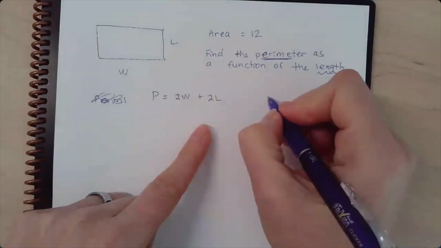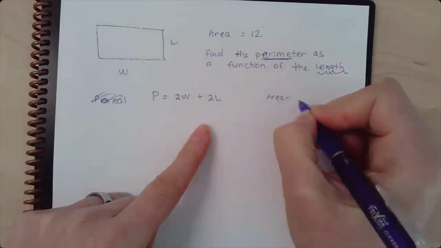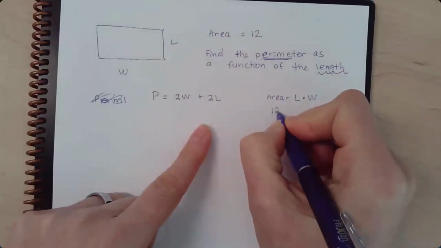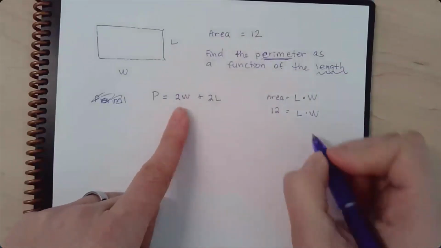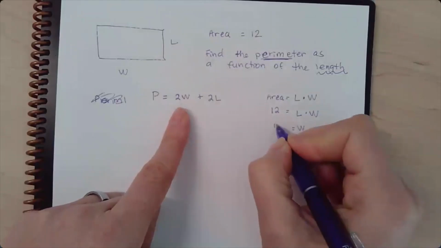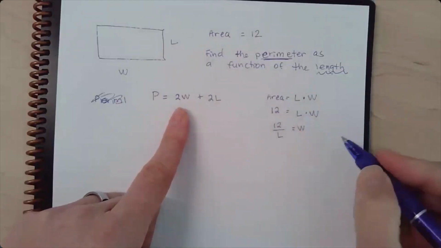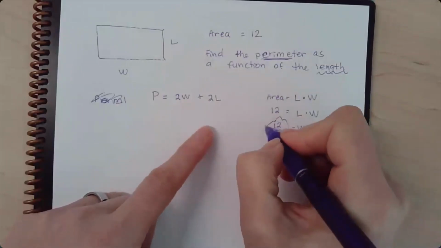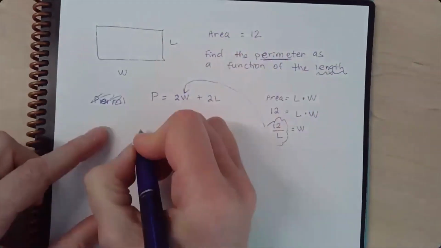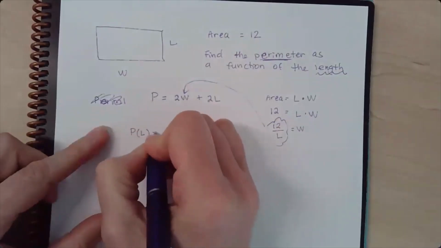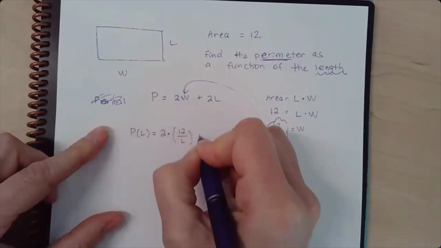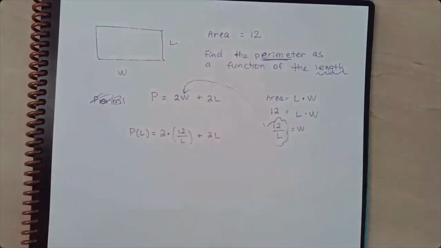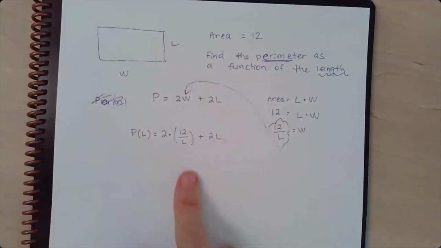If my area is 12, and I know the area is equal to the length times the width, and that's equal to 12, then I can eliminate W by solving this other equation for W. Then I can stick that in, so that our perimeter as a function of only the length becomes 2 times 12 over L plus 2 times L. And WebWork would take it like that. This problem in particular said it's case sensitive, make sure you use a capital L.